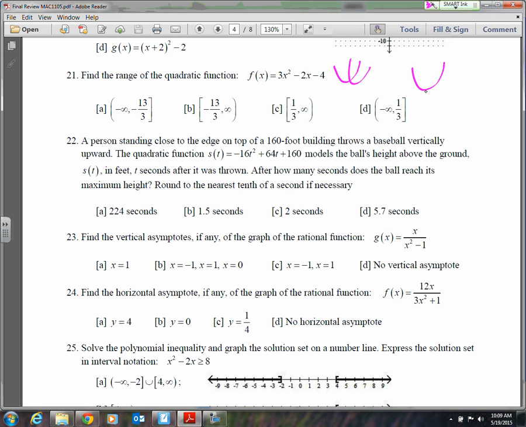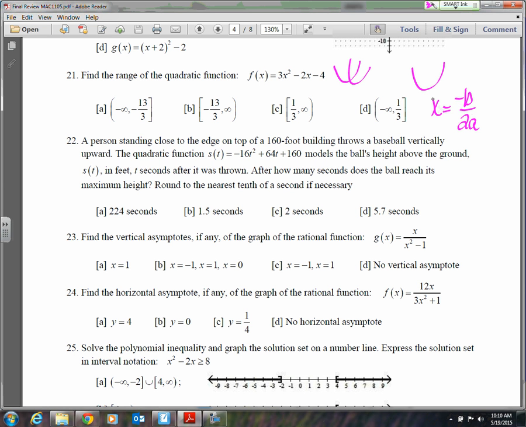The y value of the vertex. How are you going to find the y value of the vertex? X equals negative b over 2a is the what? Oh, dust those cobwebs. That's the x value. Once you get that, what do you do after that? Plug it in, and then you'll have your y value.